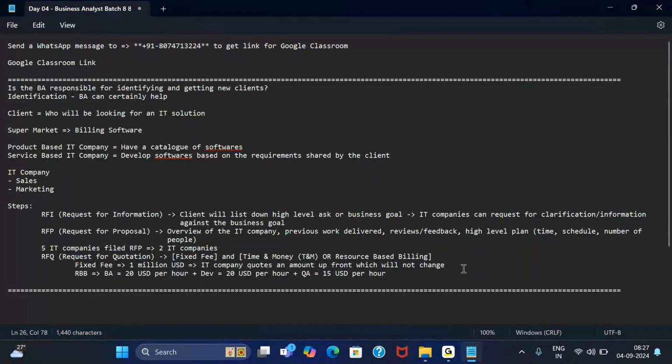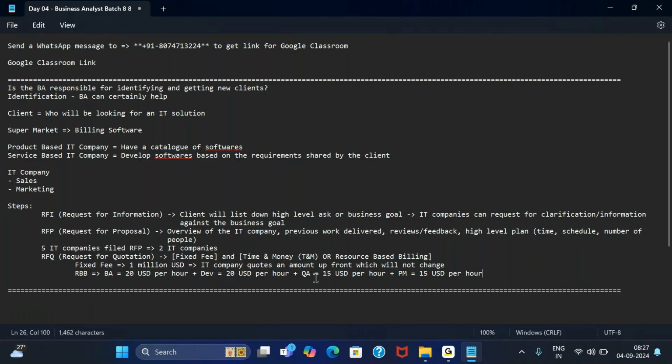If I have any project manager, for that project manager, let's say I will charge you 15 US dollar per hour. So I will give the hourly rate for the different categories of individuals. Or I can mention one amount, irrespective of whether BA, developer, QA, project manager, architect, irrespective of their role or responsibility, for everyone I'll charge you $20.